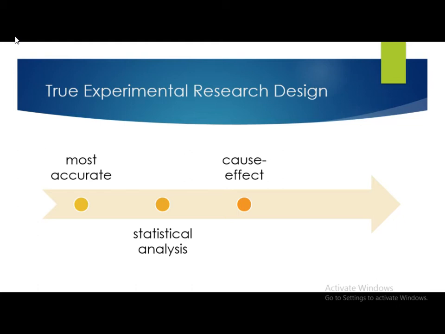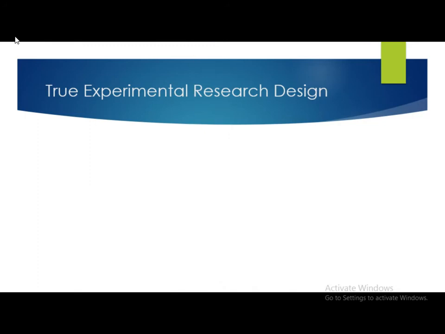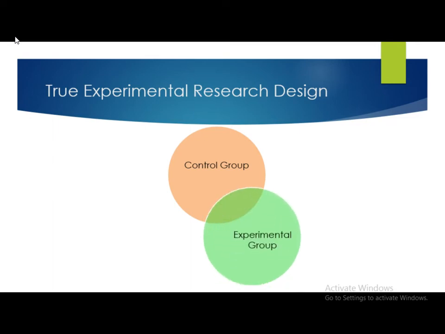In a true experiment, there are three factors that need to be satisfied. Which are these three factors? We will see now. So these three factors are the control group, a group of participants for research that are similar or familiar to the experimental group, but experimental research rules do not apply to them, and the experimental group, where research participants on whom experimental research rules do apply.